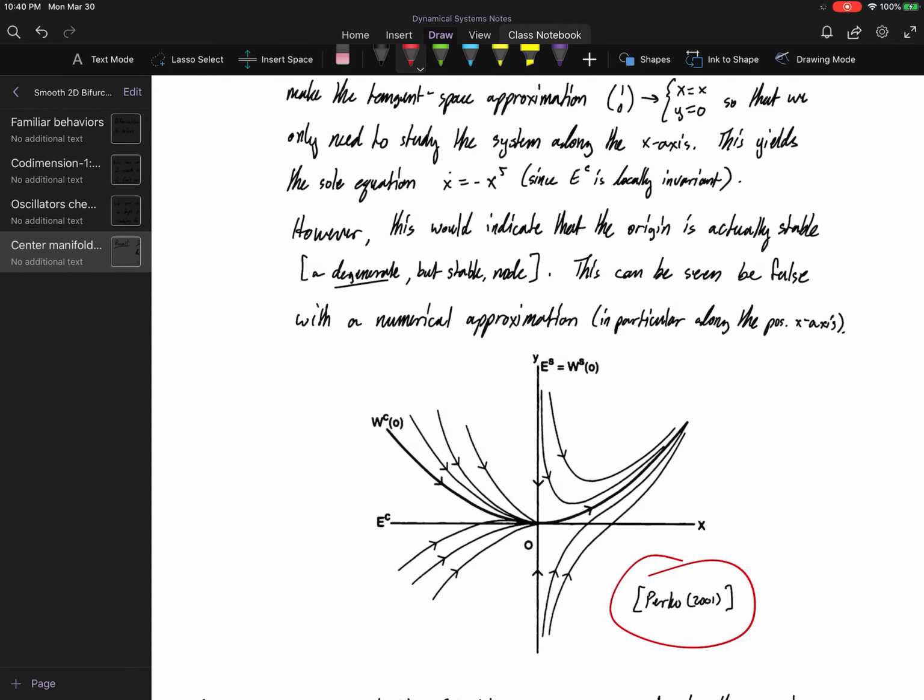You can actually plot out with a numerical approximation. This one is actually credit where credit is due: Perko, I think it's the 2nd edition of that book. I pulled a picture out of that section of that book, because honestly, the numerical approximation that I threw into my computer kind of seized up.